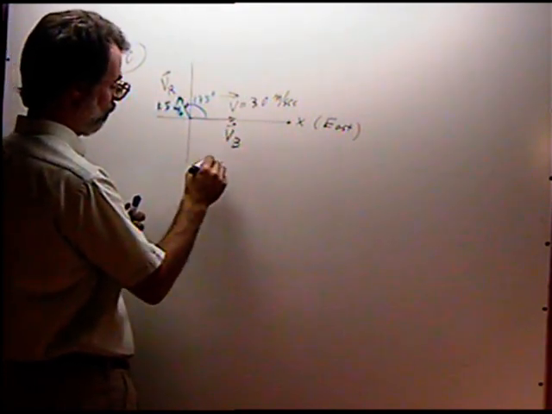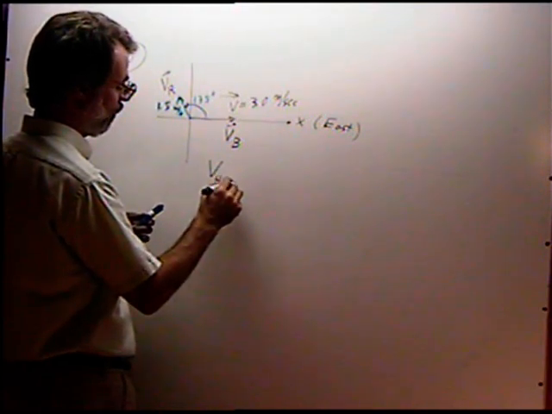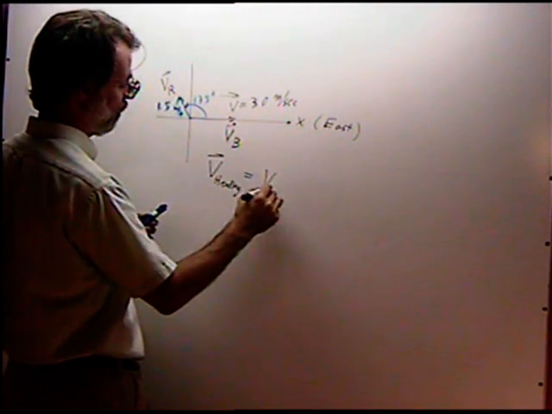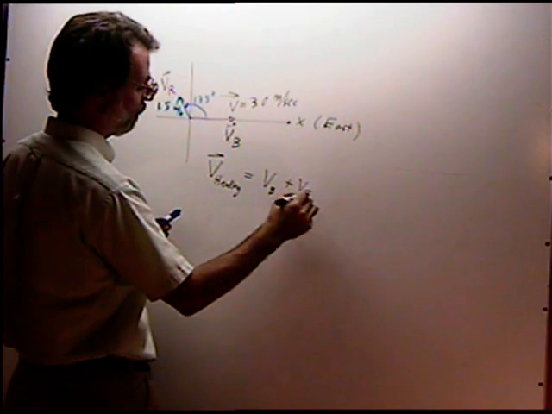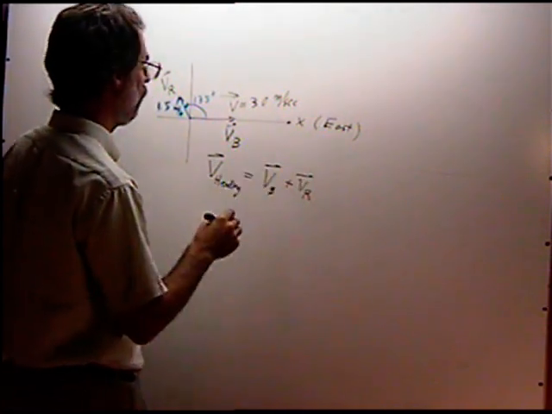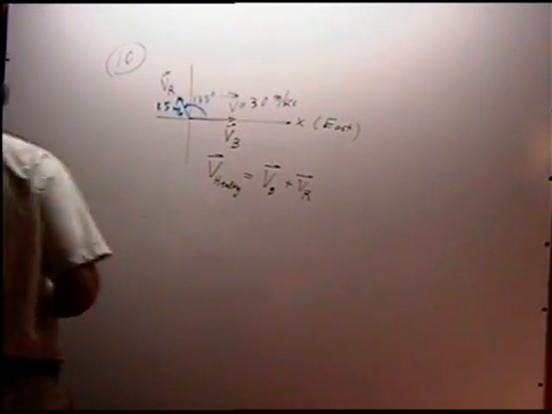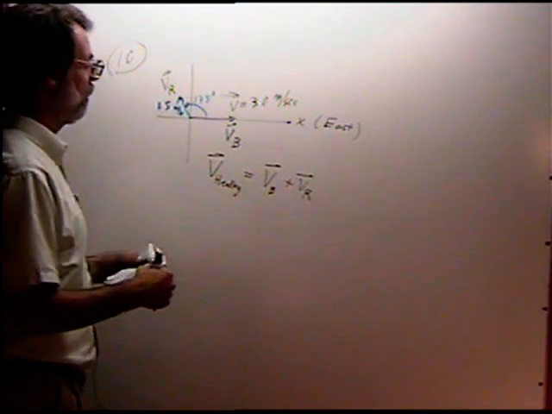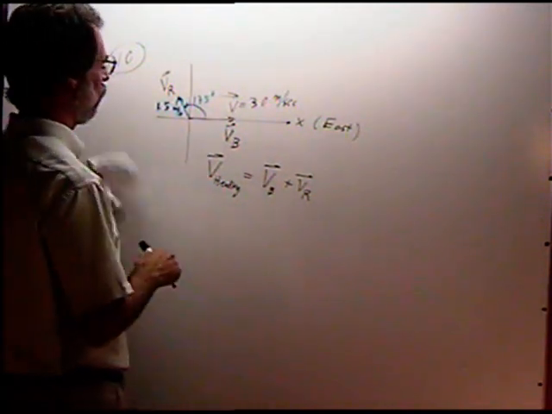The actual velocity that the boat really goes in will be the velocity that the boat thinks it's going in, plus the velocity of the river. So we have to add these vectors up. Really, this is just another exercise in basically adding vectors.